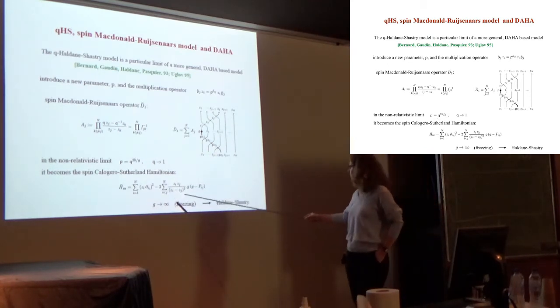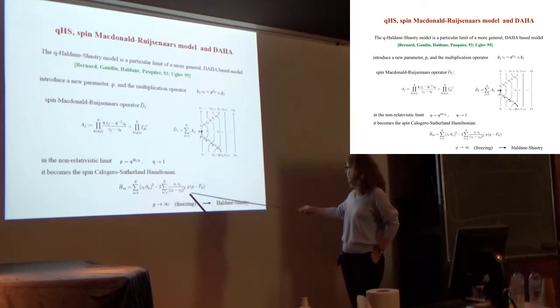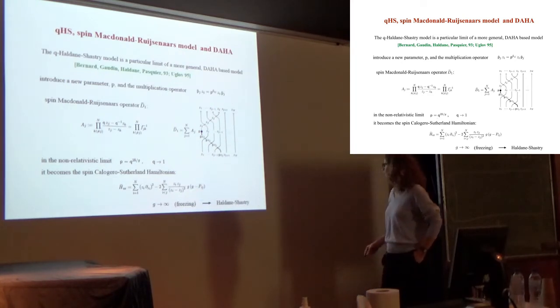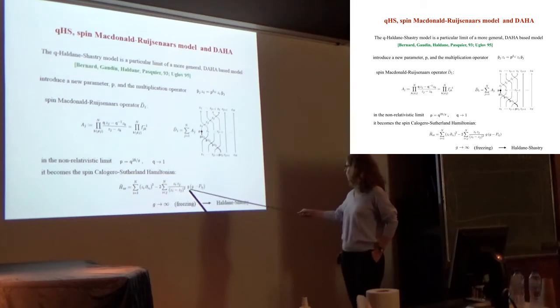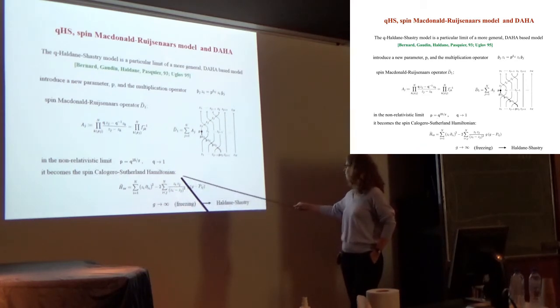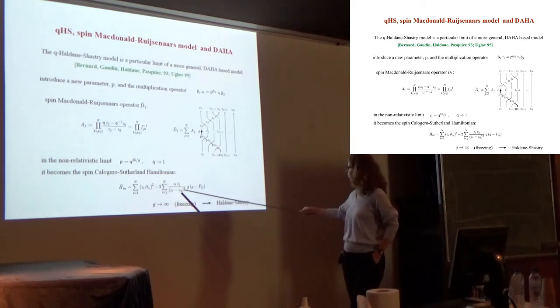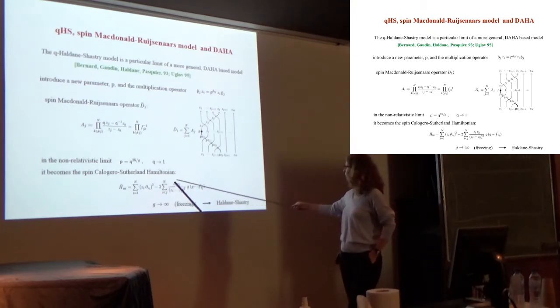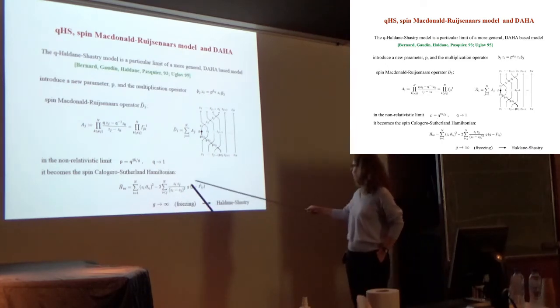And then there is a coupling constant of this Calogero model, and when you send this coupling constant to infinity, you see that the potential becomes dominant. This spin independent part becomes dominant.